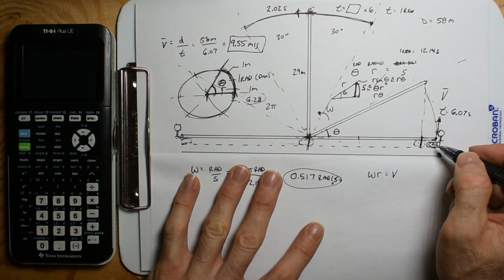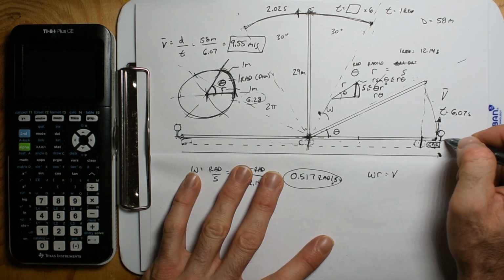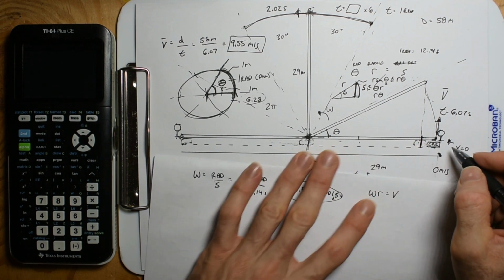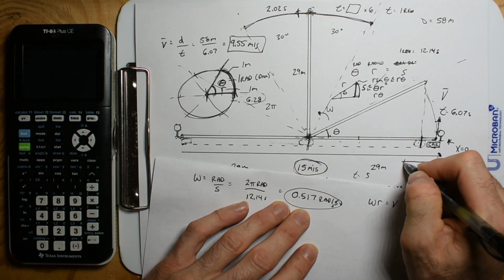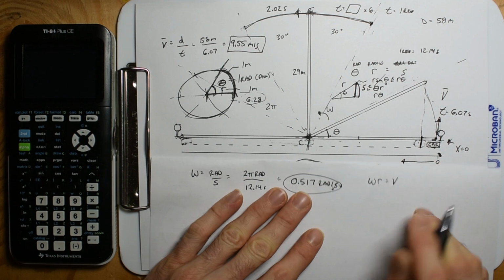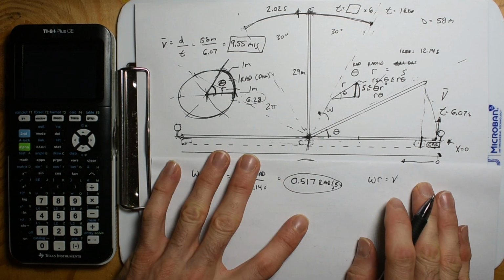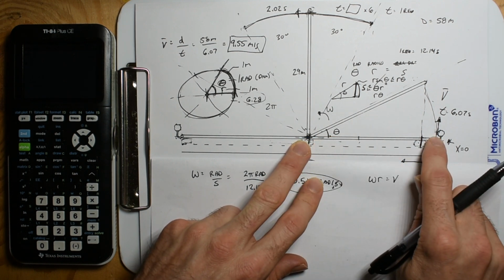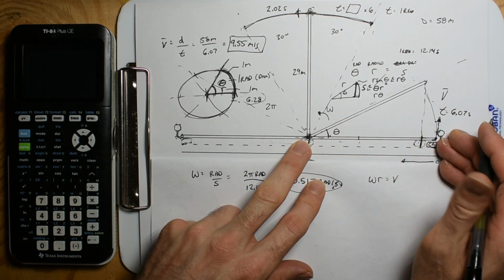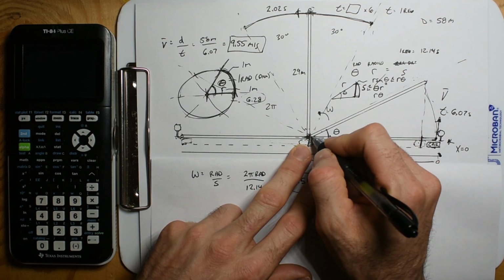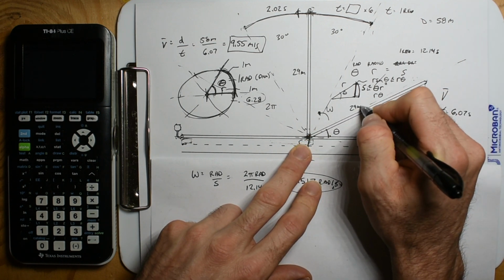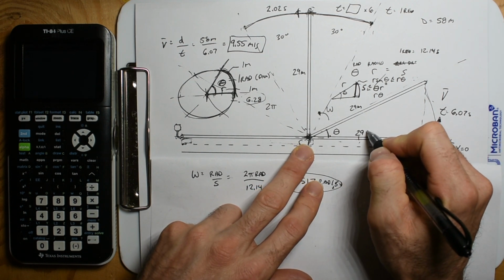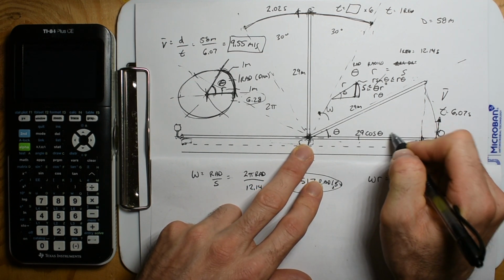I want our distance to start off as x equals 0. So I'm going to say this is 0, and this is the positive x direction. If we throw in cosine of 0, cosine of 0 is 1, and if our hypotenuse is 29 meters, this distance is going to be 29 cosine of the angle.